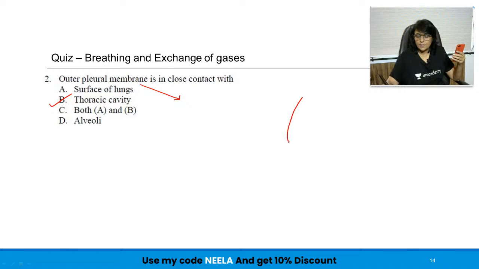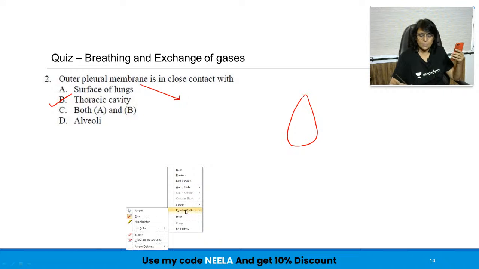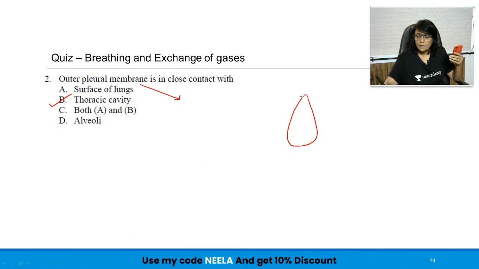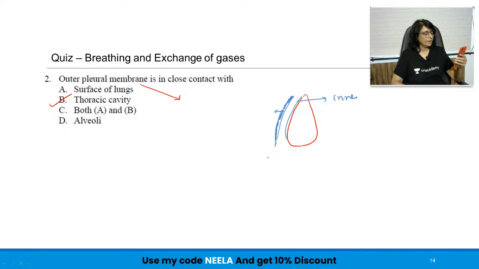See, if this is the lung, the pleural membrane has two layers or two membranes. This is the inner, this is the outer. So the inner one is in contact with the lungs and the outer one is in contact with the thoracic wall. Here is the thoracic wall. Okay, parietal membrane, very good. Anju has written visceral. No, this inner is visceral.